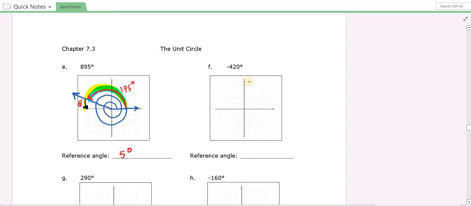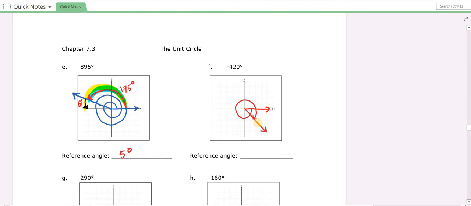So negative 420, here is the initial side of the angle, and I'm going to go clockwise 420 degrees. So I will go 360 degrees plus 60, and that is going to give me negative 420. So here is the terminal side of the angle.